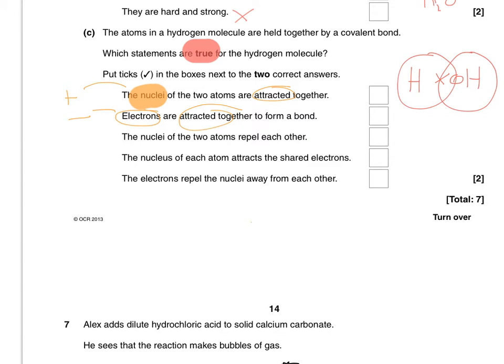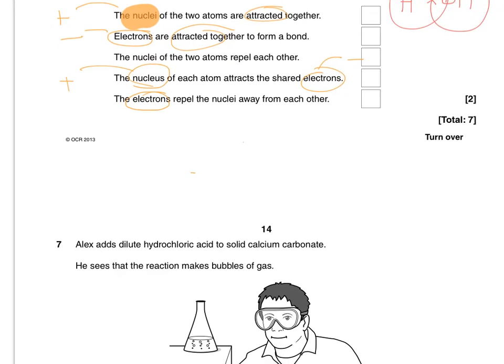The nucleus of each atom attracts the shared electrons. Well, the nucleus contains protons, which are positive, and the electrons are negative, so that one might work. And the electrons repel the nuclei away from each other. Well, the electrons wouldn't do that, that would be the nuclei themselves repelling. So we should be able to figure that one out.